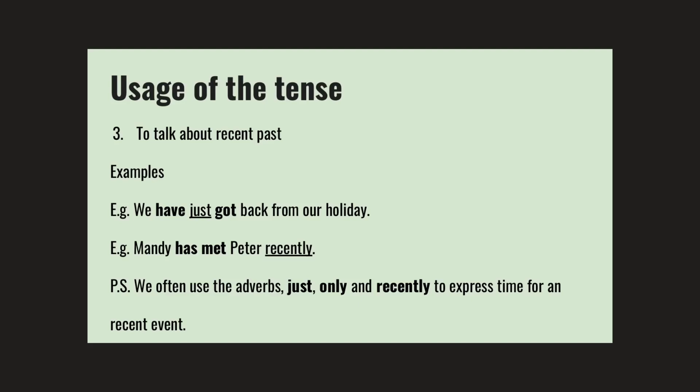So the third use of the present perfect tense is to talk about the recent past. For example, we have just got back from a holiday. Mandy has met Peter recently. So we often use these time indicators, just, recently, and only, to express time for a recent event.